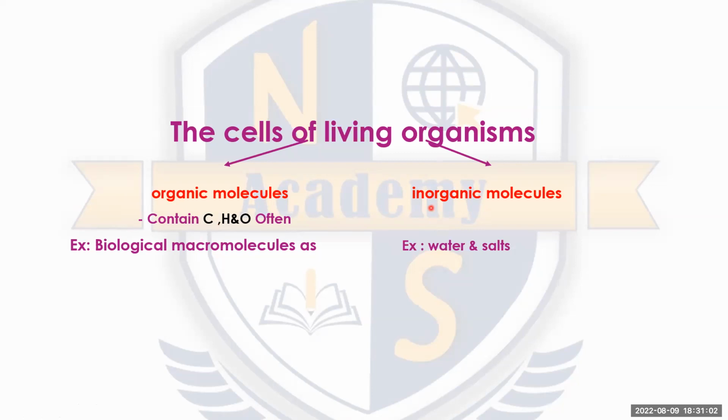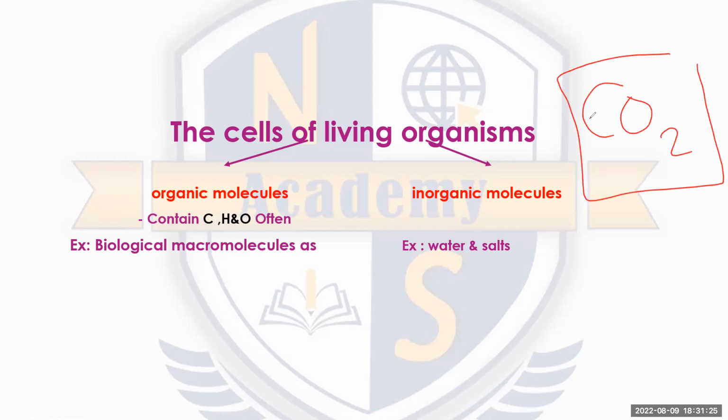Some of them have carbon, but they are simple compounds, like carbon dioxide. Can you remember the formula of carbon dioxide? CO2. Excellent. CO2, how many atoms? 3 atoms only.